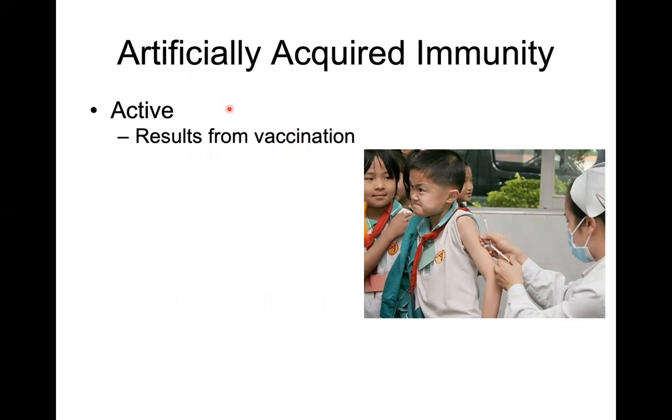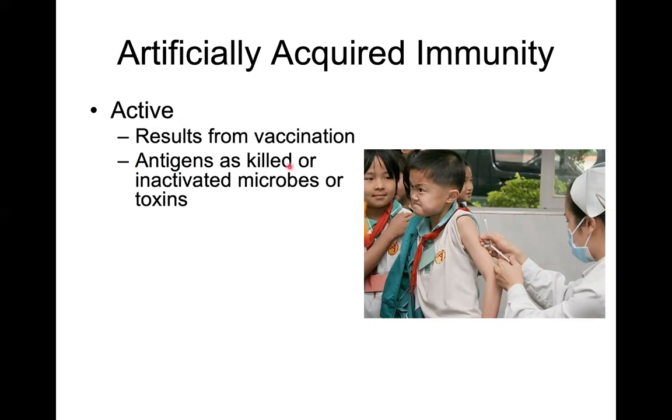So when you go to the doctor and get a vaccination for something, they're putting a foreign molecule inside of you, whether it's a portion of the bacteria or a portion of the toxin, and it's allowing your immune system to develop antibodies against what was artificially put inside of you. The antigens that are introduced are a weakened, inactivated, or killed version of the thing that you would encounter naturally.